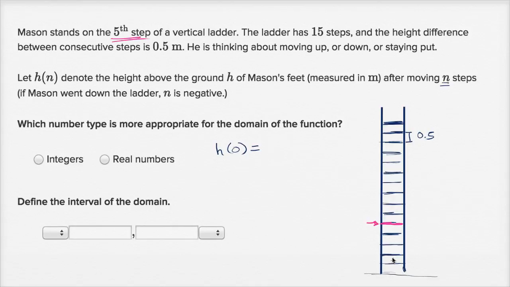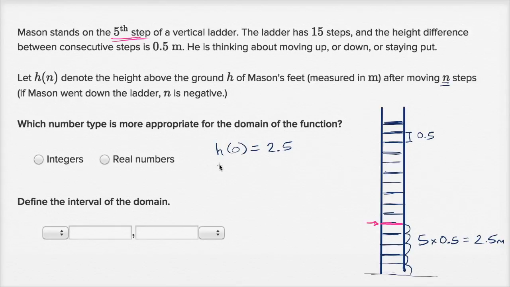So this is the ground right over here. So he is 1, 2, 3, 4, 5 steps up, each of them 0.5 meter. So 5 times 0.5 is going to give us 2.5 meters. So h of 0 is 2.5 meters.